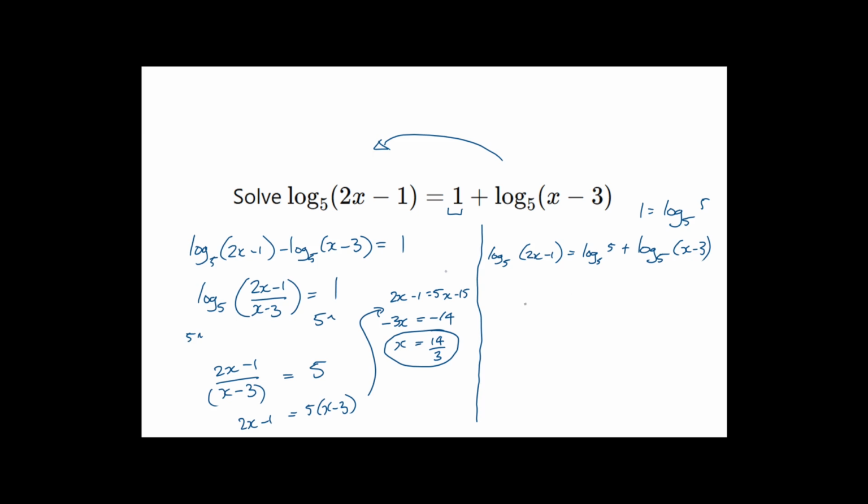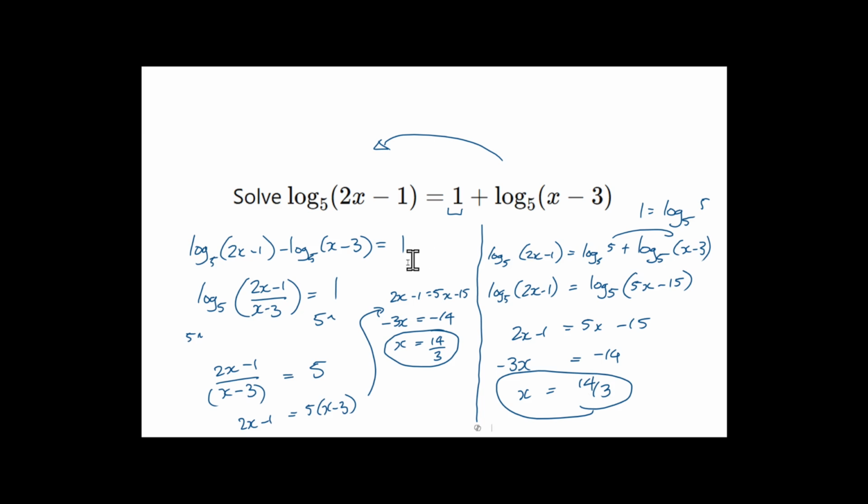And then we would have log base 5 of 2x minus 1 equal to log base 5 of these two multiplied by each other, 5x minus 15. And then we raise both to the power of 5. So 2x minus 1 equals 5x minus 15. Bring them both over. So negative 3x equals negative 14. This is exactly what we had before. So x is going to be equal to 14 over 3. Again, same answer. Cool.